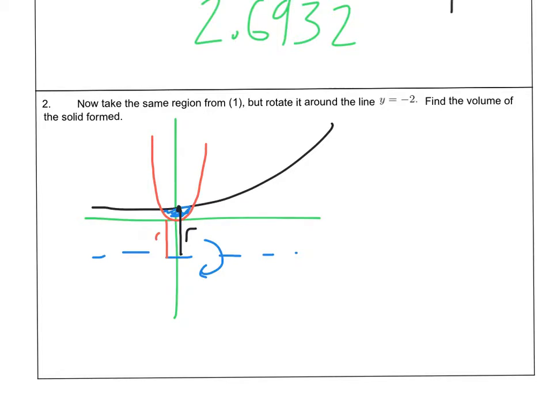The cross sections for these are going to be circles, so A is equal to pi r squared, and we're going to use the same intervals to make this happen. I like doing this as two separate integrals, although you don't have to. And the first integral, this is going to be for the outside part.